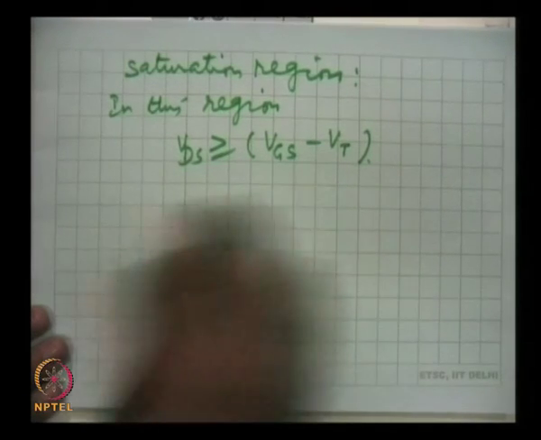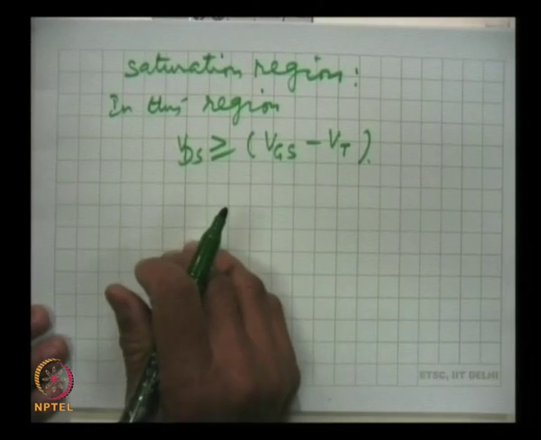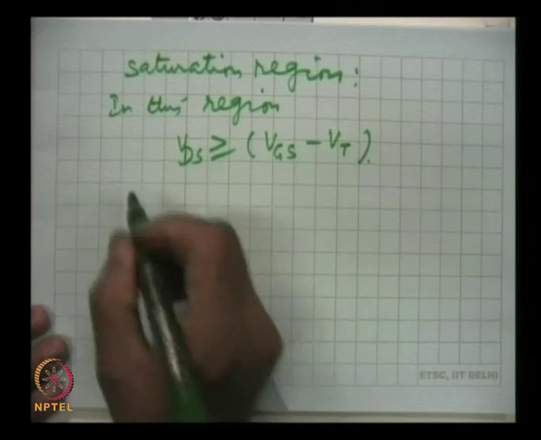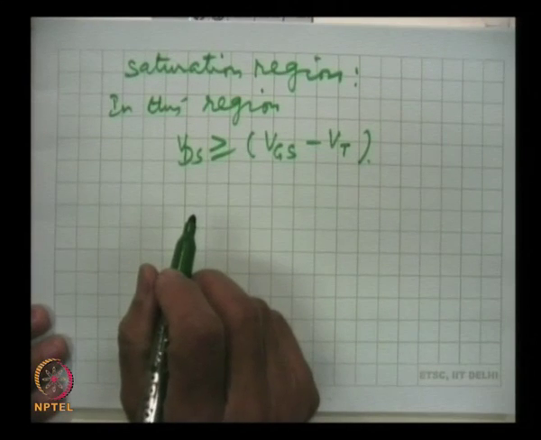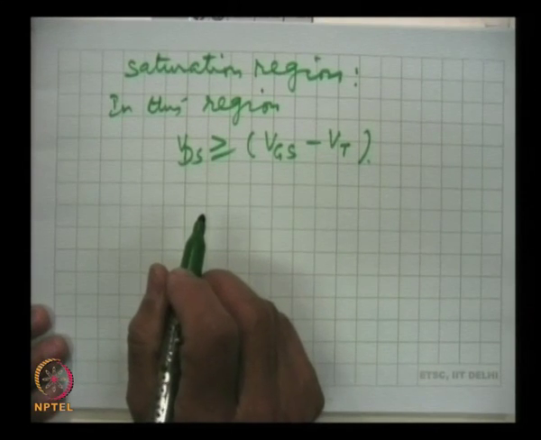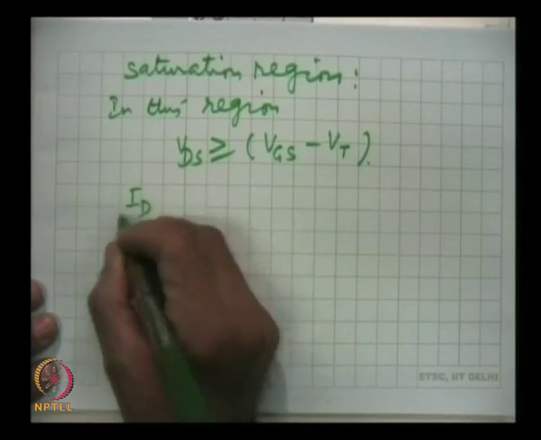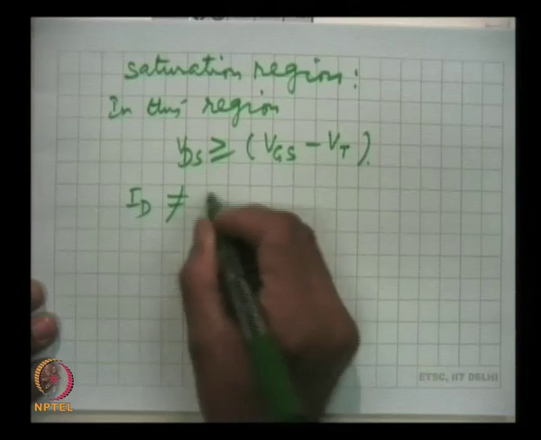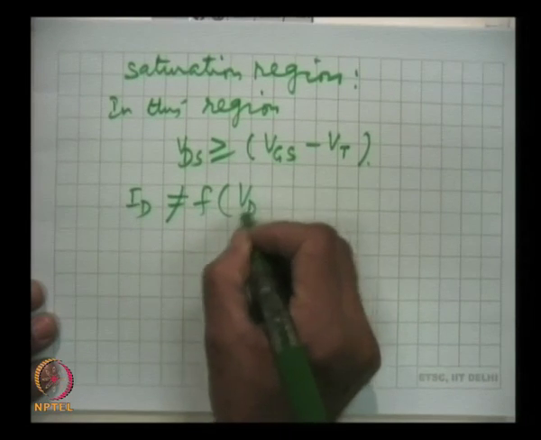Here, as the relation shows, the drain current ID is almost independent of VDS. It depends very little, but for the time being we may say that ID, the drain current, is not a function of VDS.